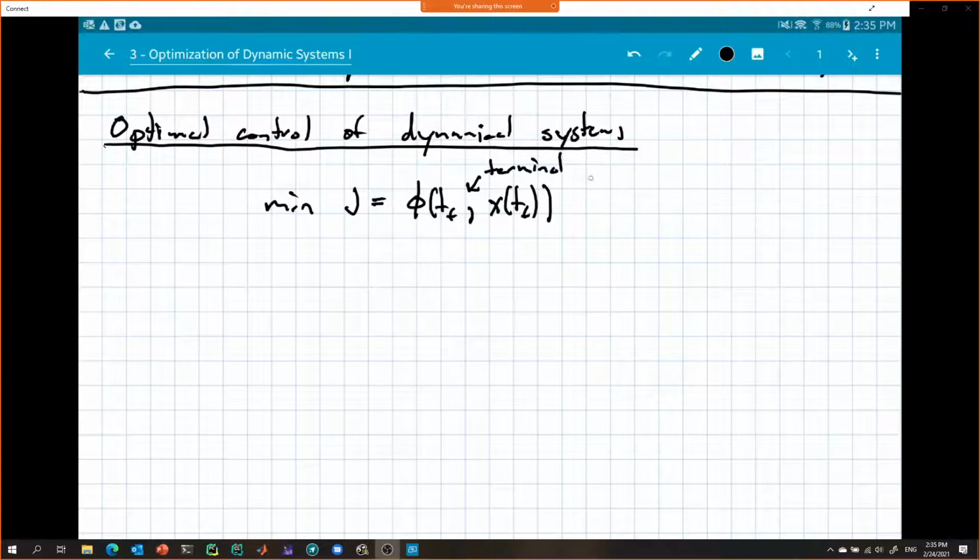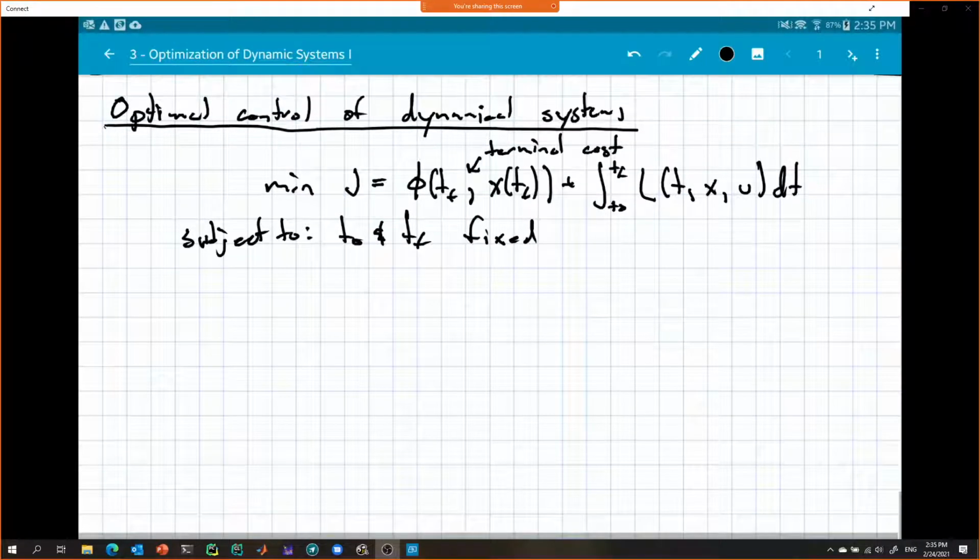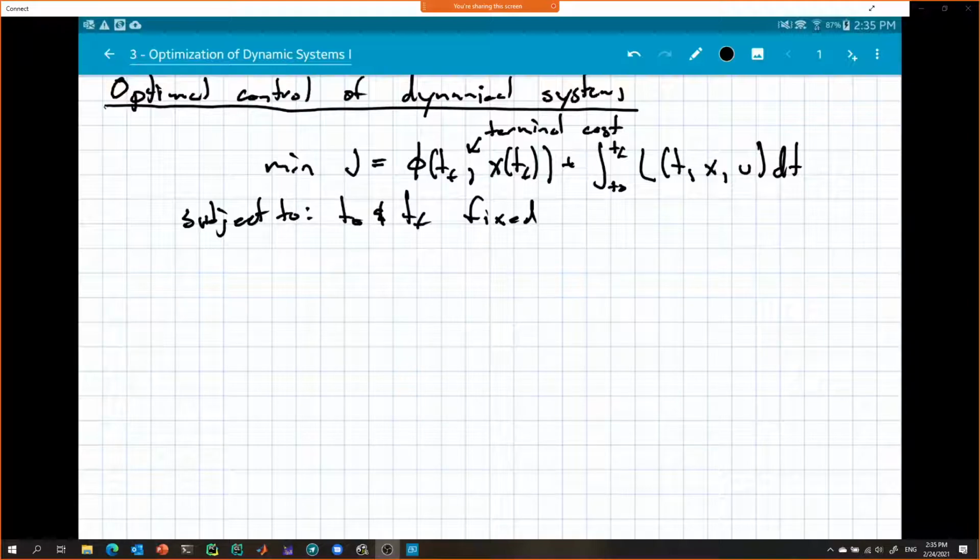This I will refer to as the terminal cost, plus, like we had before, some path cost. Now what makes this different than before? Well, like before, we have t0 and tf fixed. So I forgot the 2 there. I think my brain combines 2 with t naught. So it's subject to t0 and tf being fixed, but then this is what's new.